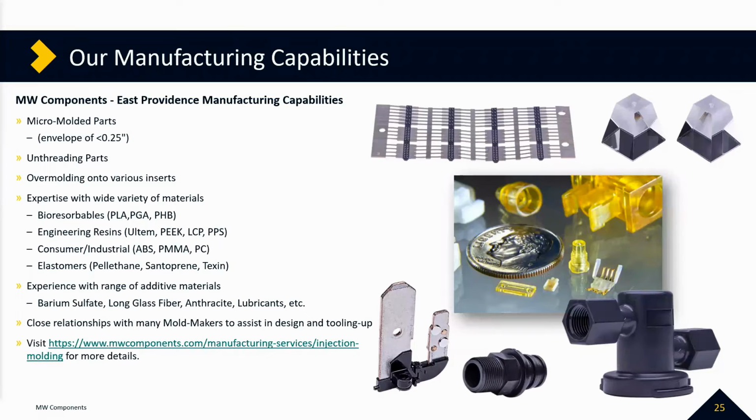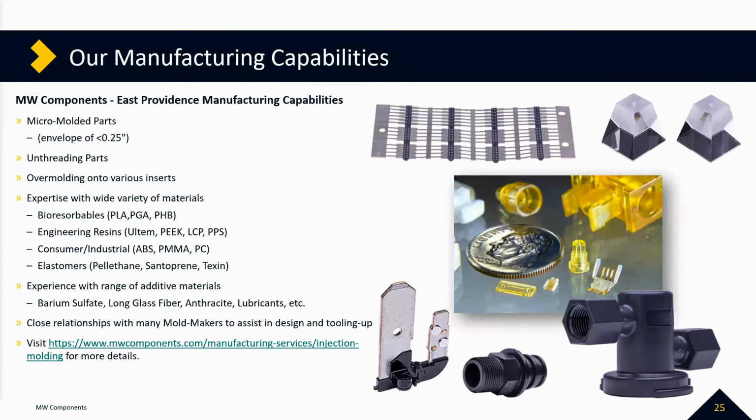And so what you'll see in that small picture next to the dime head are micromold parts. Those are envelopes of less than 1/4 of an inch square, more or less. That definition can vary. We have unthreading parts, and you see at the bottom right, overmolding on various different inserts, reel to reel, on strips, that kind of thing, and an expertise with a really wide variety of materials.